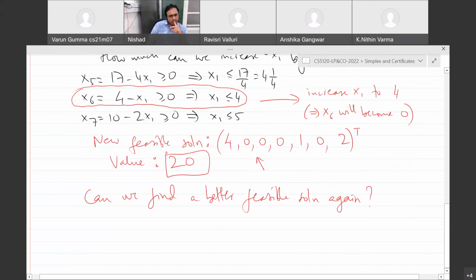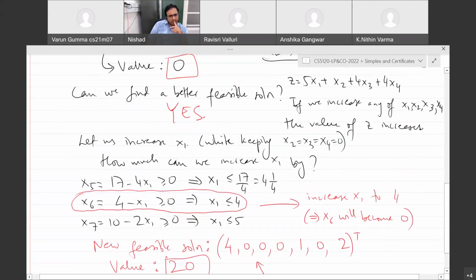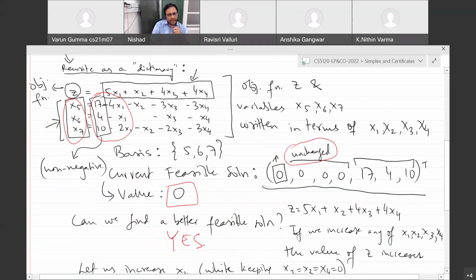Can we look at this dictionary and somehow figure out whether it's easy to find another feasible solution that is better than the one we have currently?